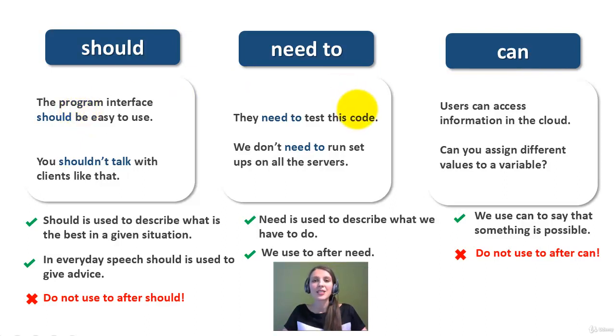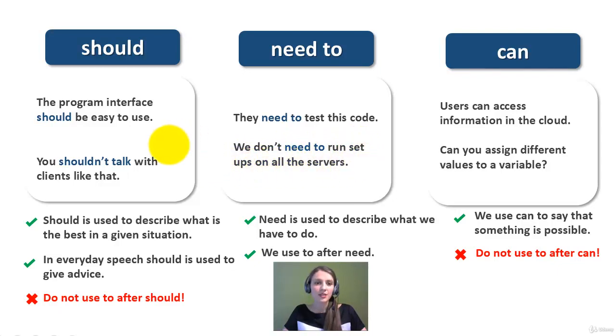But must is not always the best option. It's very, very harsh. Like we are in the army, we must do this. So it's better to use need to. They need to test this code. And the negative sentence, we do not need to run setups on all the servers.